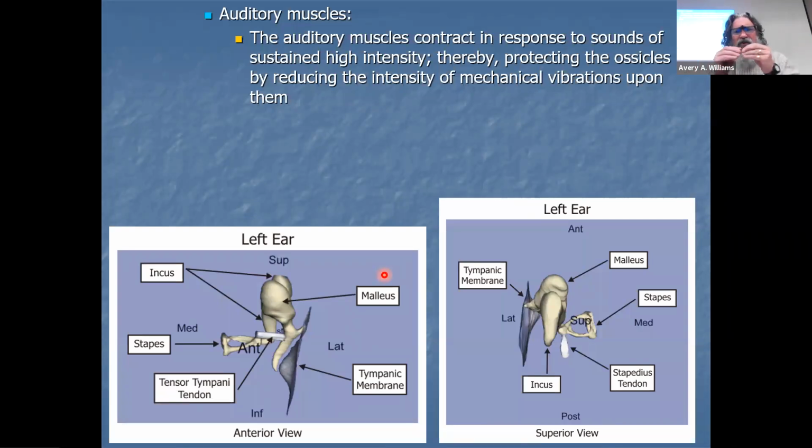These bones vibrating against each other can get damaged, and the loud noise would be overwhelming. So to quell that noise a little bit, these muscles pull the bones away from each other so they can't vibrate against each other as efficiently.